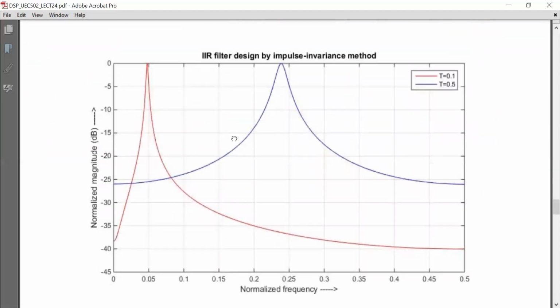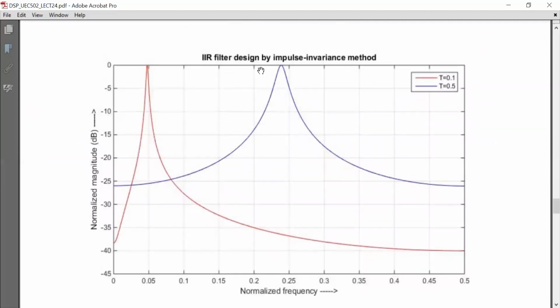Now look at this. For this IIR filter designed by the impulse invariance method, this is the normalized magnitude in dB against normalized frequency from 0 to 0.5. For the red color, capital T is equal to 0.1. This is the normalized magnitude response when I have kept capital T equal to 0.1.